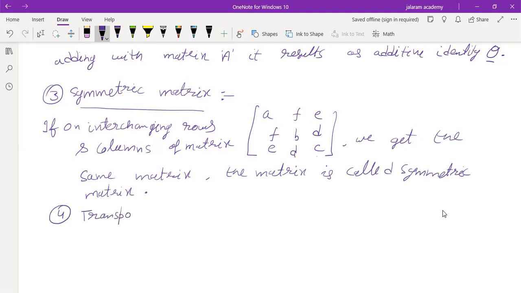Next property is transpose of a matrix. So the operation which we have done in the last matrix, we have interchanged the rows and columns. That operation is called transpose of a matrix. Is that clear to you?